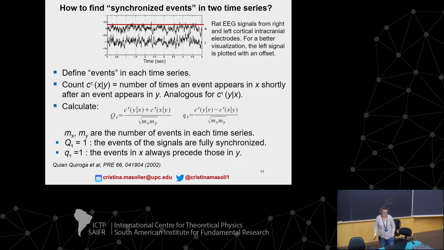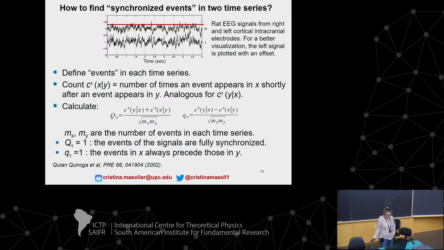And if this small q is 1, then we can decide the direction of coupling, because the events in X always come before Y. So you can speculate that there is some sort of causality, because X always occurs before Y.